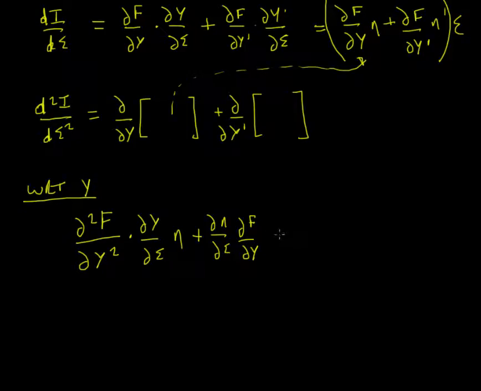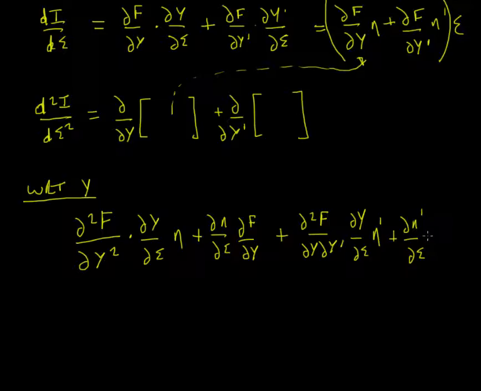Another 2 terms coming up. We're going to now differentiate this section here, so it's going to be partial squared f upon partial y times partial y derivative, so that's a mixed derivative, times the chain rule, partial y upon partial epsilon times the value of eta derivative, and then finally we'll differentiate partial eta derivative by partial epsilon times partial f by partial y derivative.